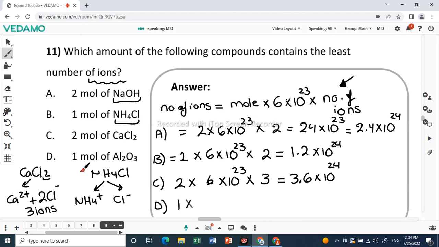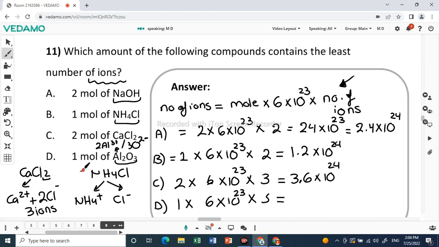D, you have 1 multiplied by 6 multiplied by 10 to the power of 23 and multiplied by the total number of ions. So I have 2 aluminum ions and another 3 oxygen ions. So I've got 3 and another 2, so your final answer is 5.